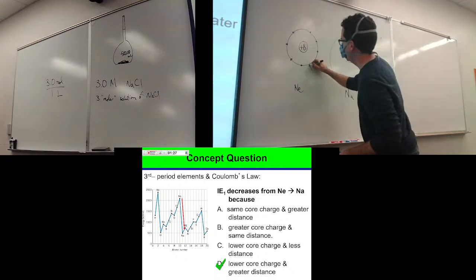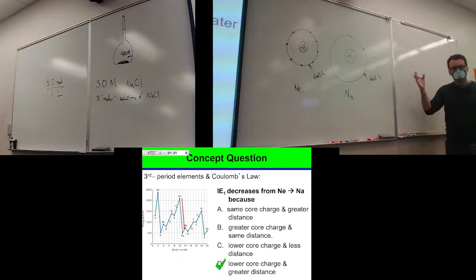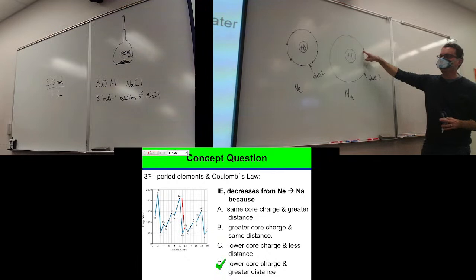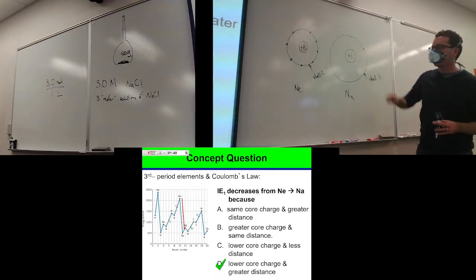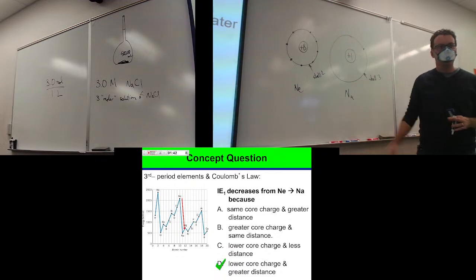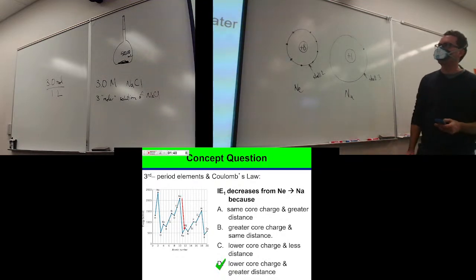This is shell 2. And shell 3 is further away, according to our model, from the nucleus. So this electron is both held on with a weaker core charge, and it's further away. So lower core charge, greater distance, okay? And that's why the ionization energy is so low. Or yeah, that's a good explanation for why it's so low.